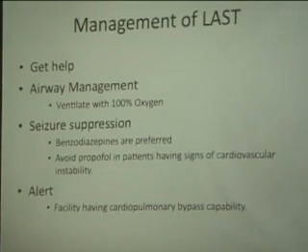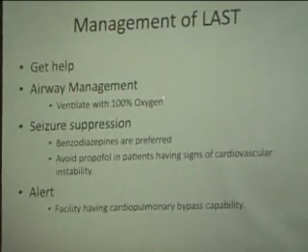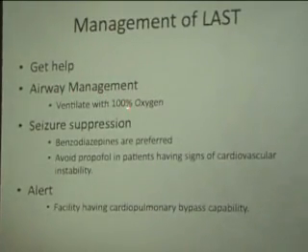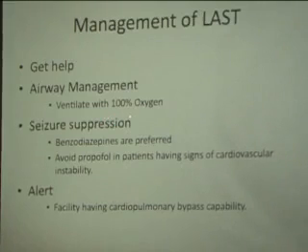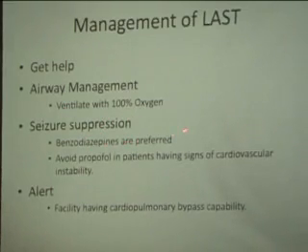The management of local anesthetic toxicity begins with, you should try to get help, secure the airway, ventilate the patient with 100% oxygen. If the patient is seizing, suppress the seizure usually by using benzodiazepines. That is the preferred way.